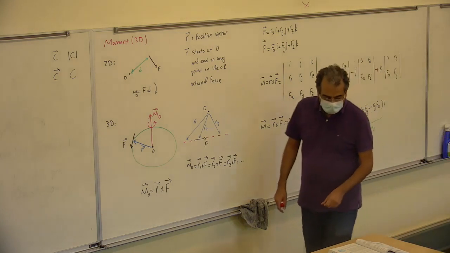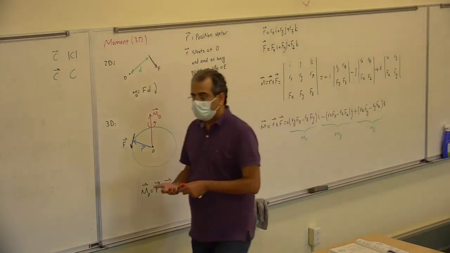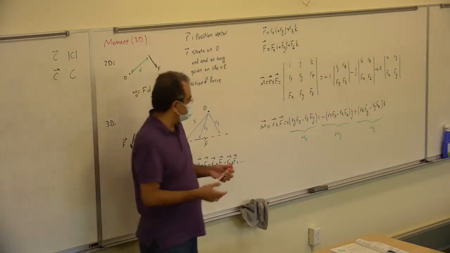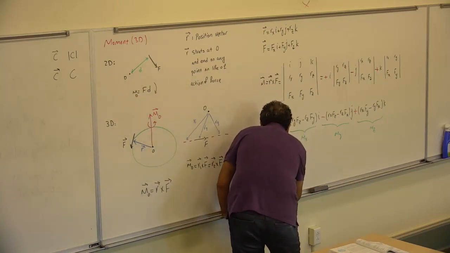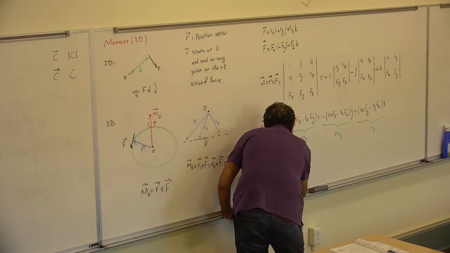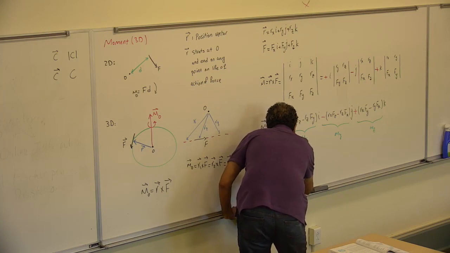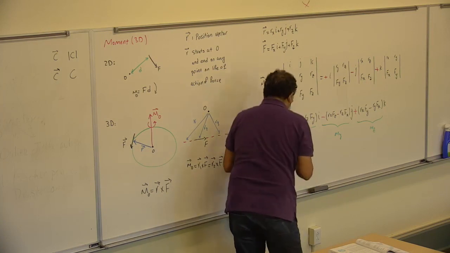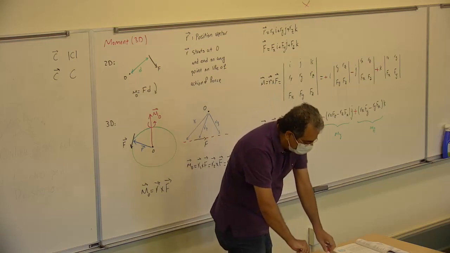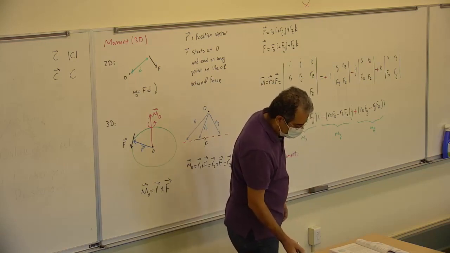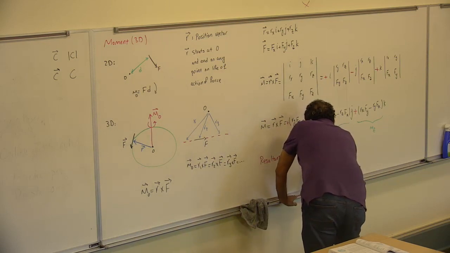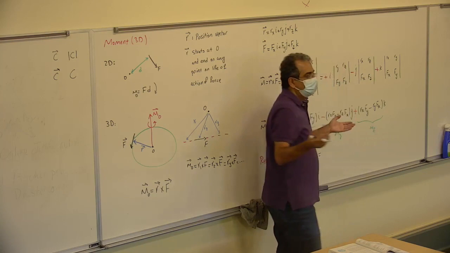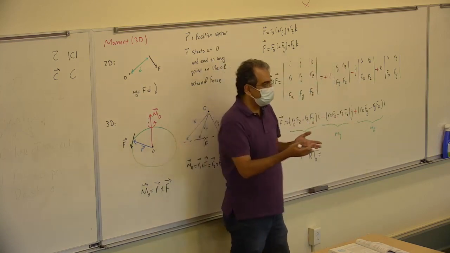In case we have more than one force, similar to previous, the resultant moment about point O would be just adding them all together.